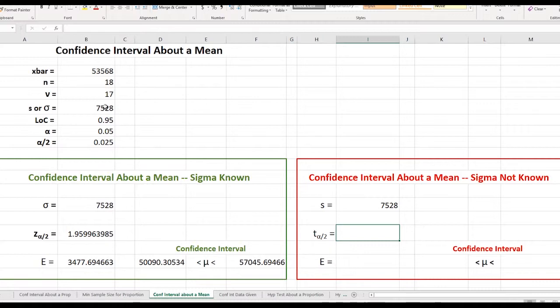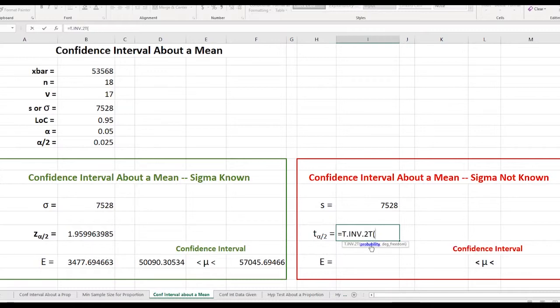My T sub alpha over 2, here's where that new function comes in handy. That will equal T dot inv dot, right here we have 2T.